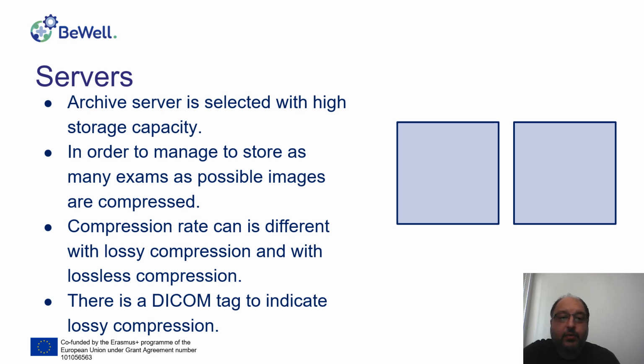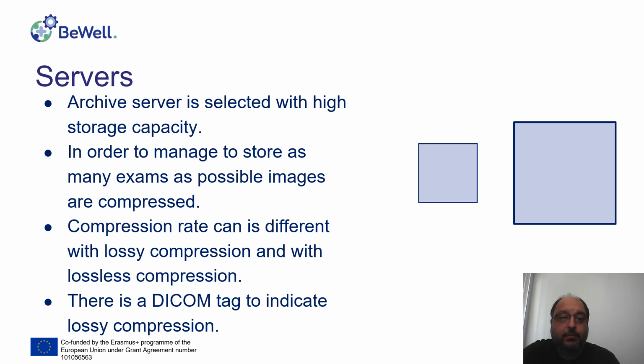The servers that are used for archive have to have a large storage capacity, and in order to have as many exams as possible, the exams are compressed. Compression may be different, and you may have a higher compression rate, so to have a smaller file, but this is done with lossy compression.